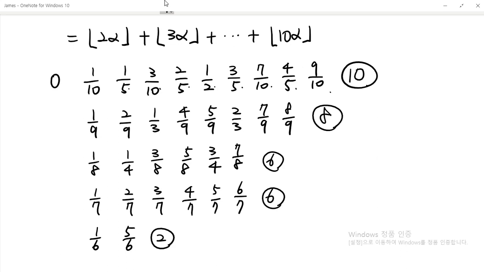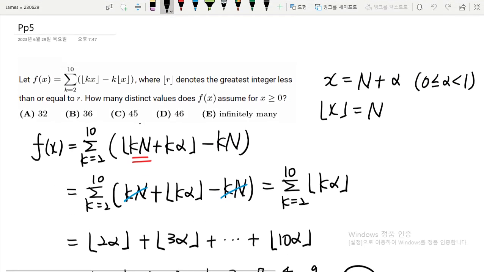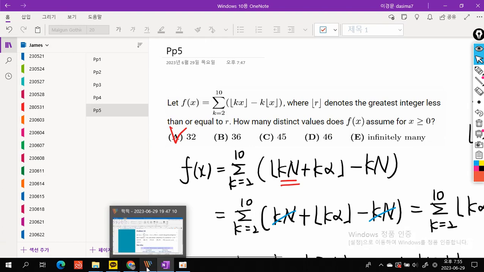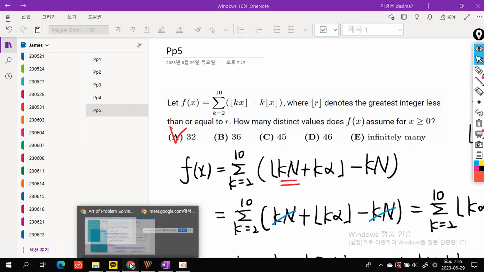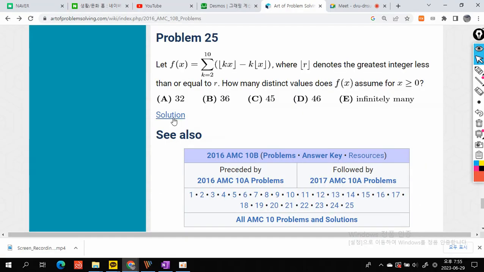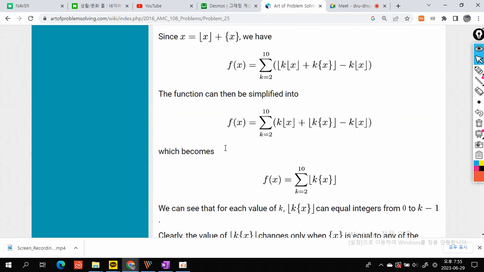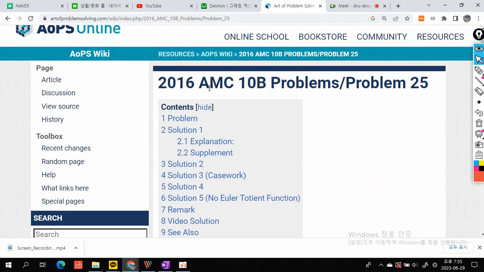Yeah, 32. So the answer is A. Yep. So that was for this 2006 AMC 10B. So we can move to 2015.